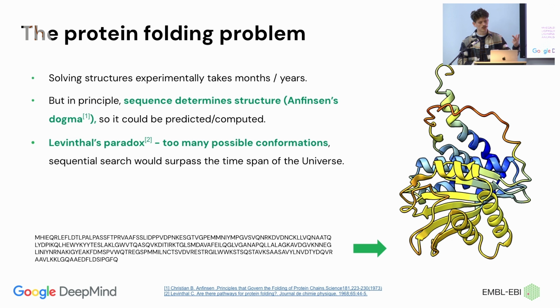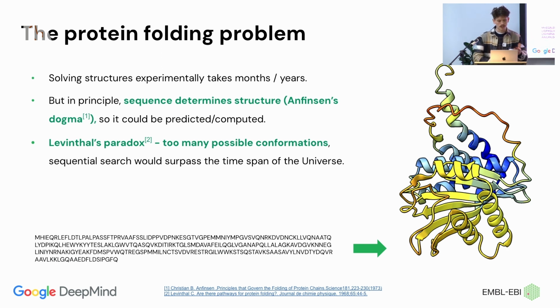Two principles have occupied the structure sphere. Since sequence determines structure, as Anfinsen's dogma stated, it could in theory, as a computational problem, be used to predict a structure.